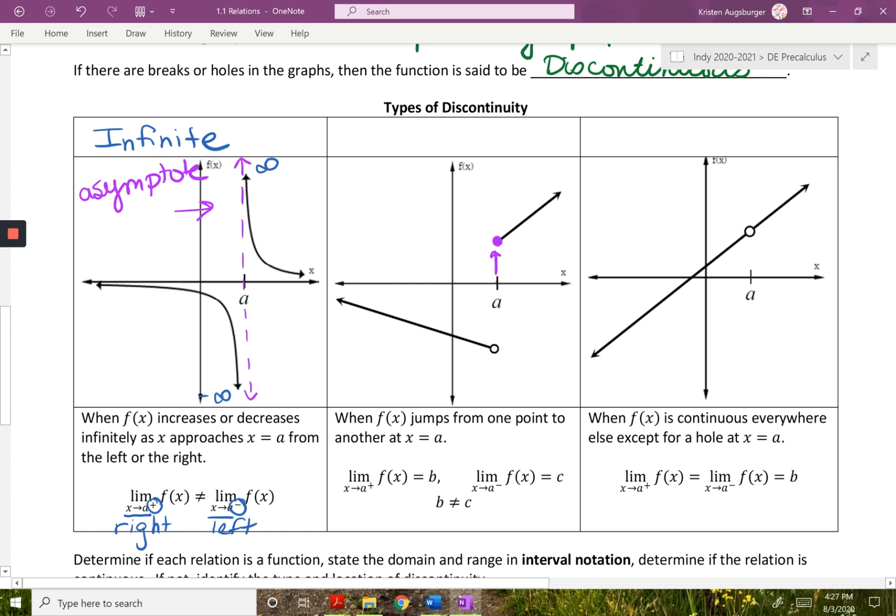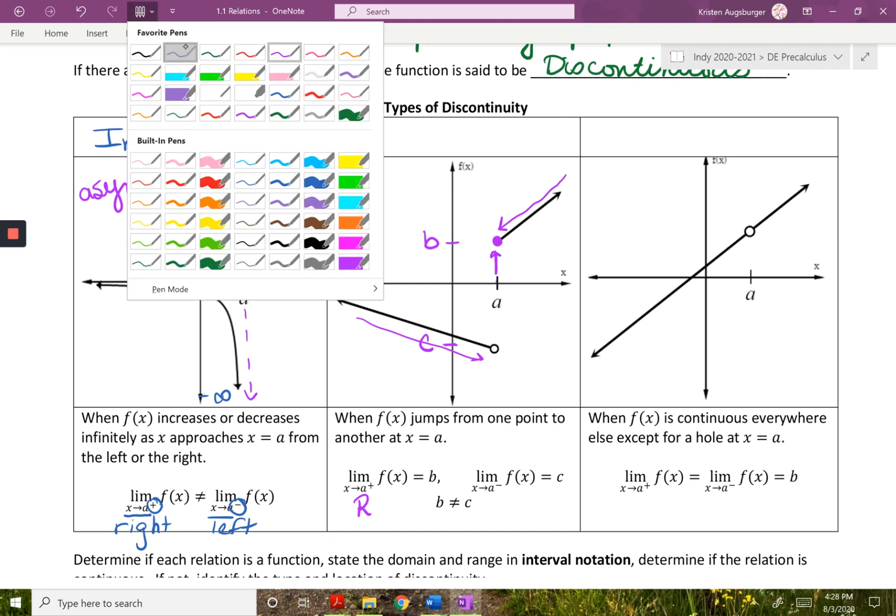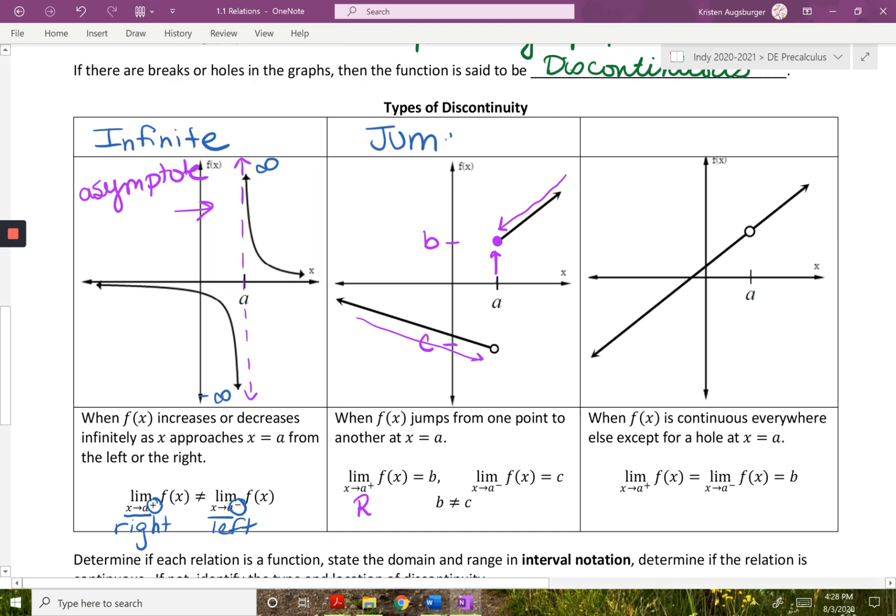If I'm looking at the limit coming from the right, I'm approaching B. But if I'm approaching from the left, a different value, that value is C. B and C are not the same. Yet from here, I have to make one big jump. And that's what we call jump discontinuities.